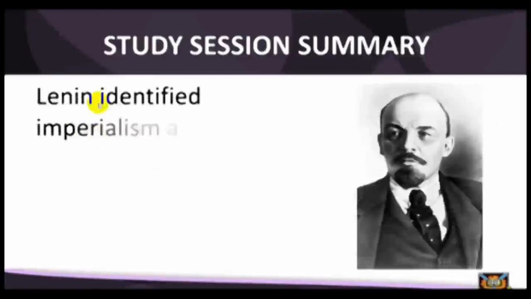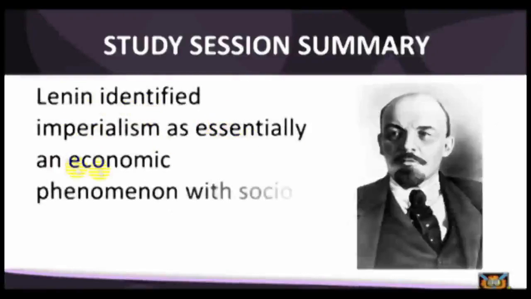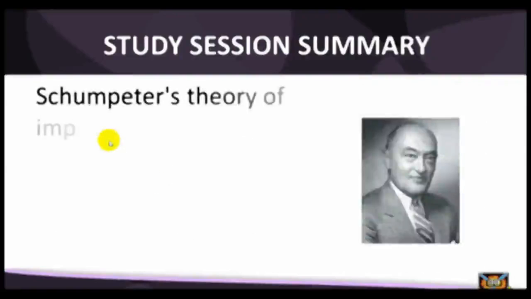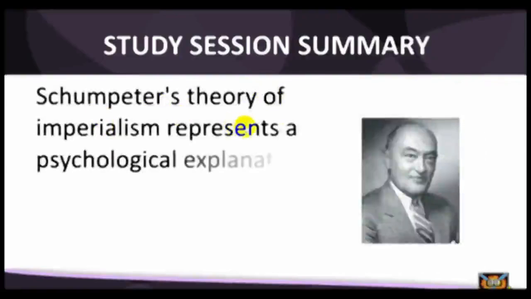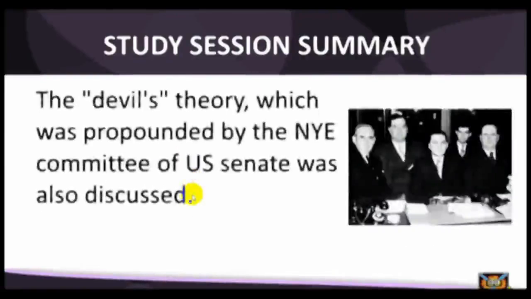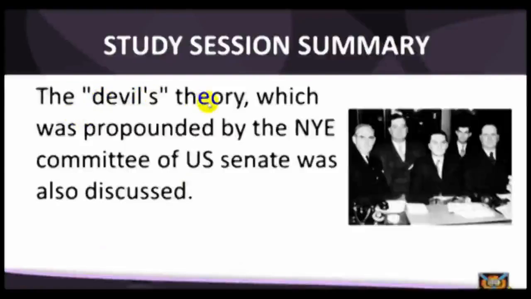Lenin identified imperialism as essentially an economic phenomenon with socio-political outgrowths. Schumpeter's theory of imperialism represents a psychological explanation for the phenomenon. The devil's theory, which was propounded by a committee of the U.S. Senate, was also discussed.